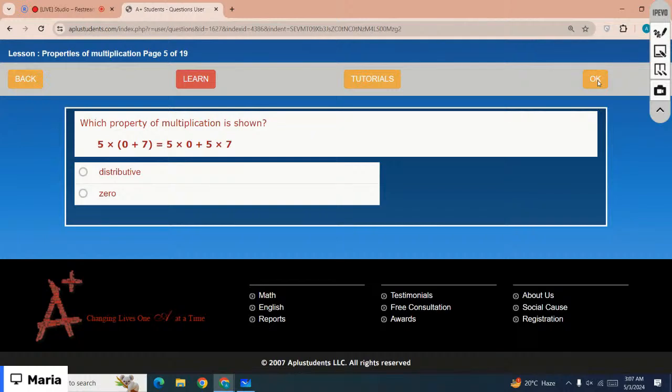Which property of multiplication is shown: 5 times 0 plus 7 and 5 times 0 plus 5 times 7? Which is the correct option?